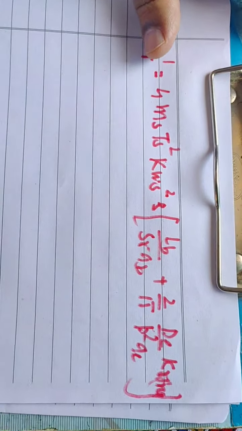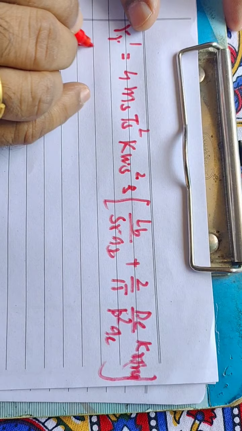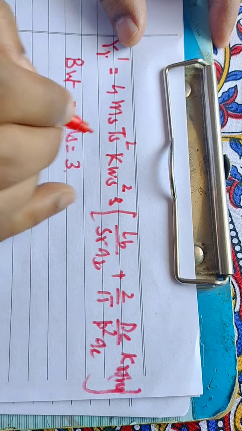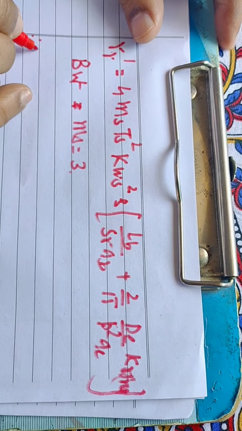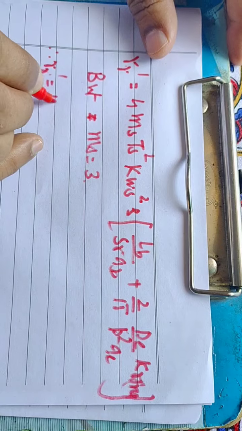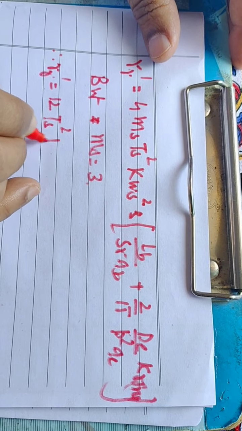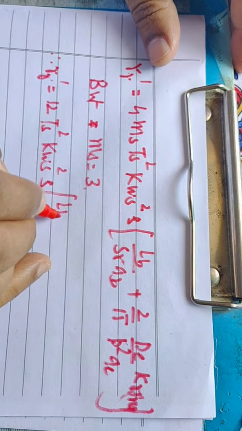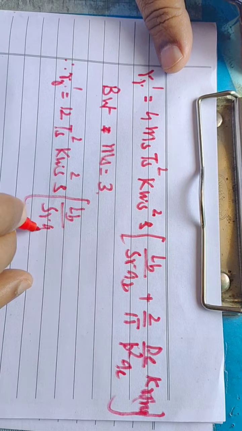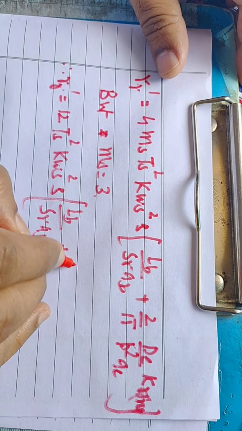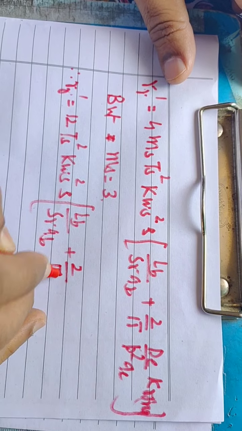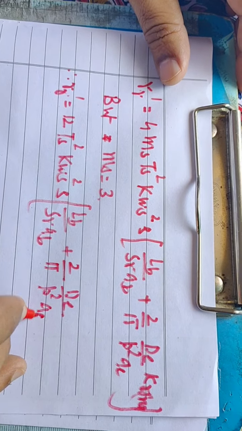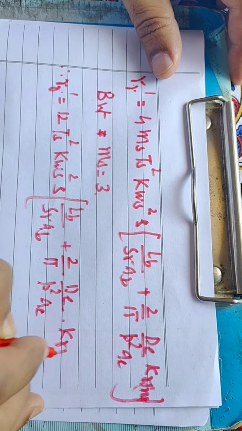And therefore for 3-phase machine number of phases MS is equal to 3. So substitute. Therefore RR dash is equal to 12 TS square KWS square rho into LB upon SR into AB plus 2 upon pi DE upon P square AE into K ring.